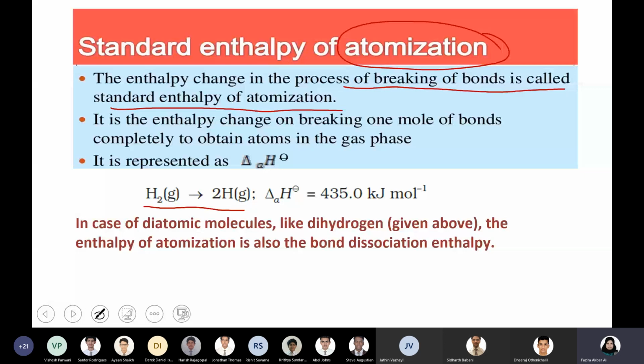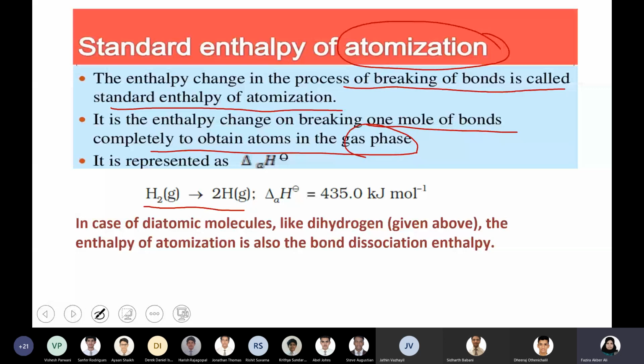So the enthalpy change associated with the process of breaking bonds is called enthalpy of atomization. More specifically, 1 mole of bonds is completely broken to get the atoms in the gaseous phase. So you're breaking 1 mole of bonds completely so that it forms atoms in the gaseous state.